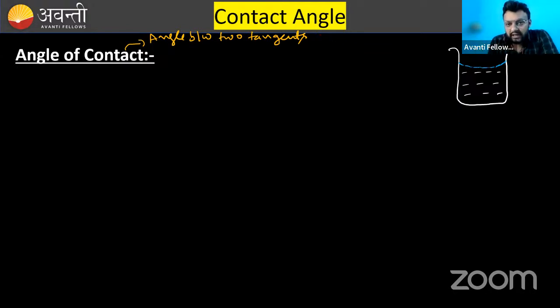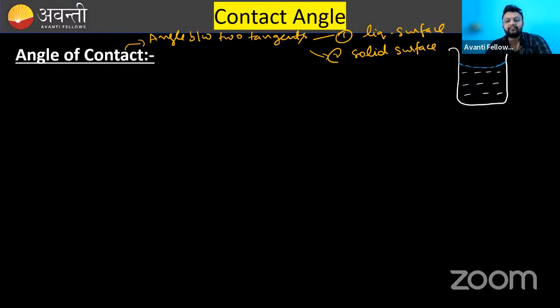Out of these two tangents, one tangent is drawn on the liquid surface and the other tangent is drawn on the solid surface. I'm just clearing the definition before displaying the actual definition. So what is angle of contact? Angle between two tangents.